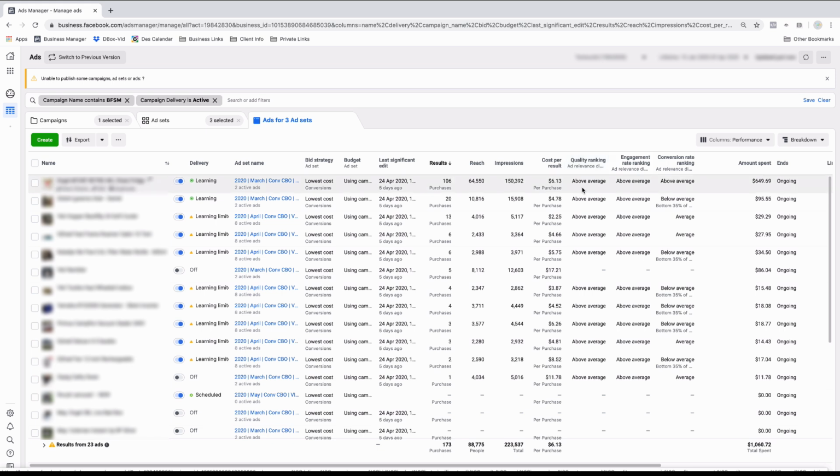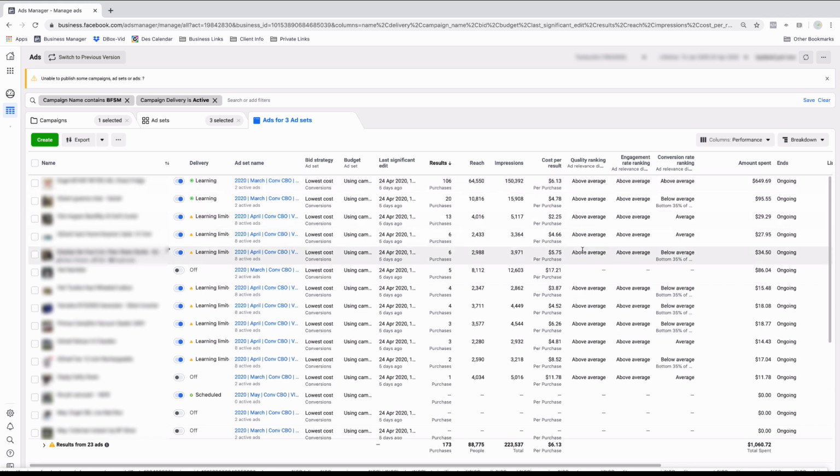If we have above average quality, engagement, and conversion, my price is going to be much lower. My price per conversion, my cost per mille, so the number of people that get to see my ad, all of that is going to be a lot cheaper, because when Facebook is comparing your ads and deciding which ad to feed out to people, I'm not having to pay as much to get out to people.